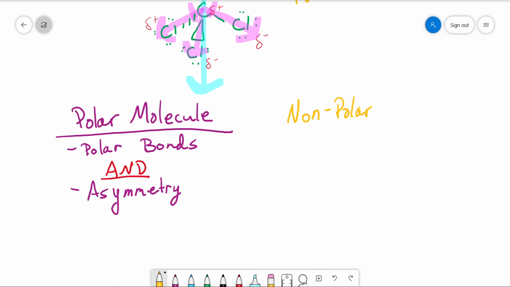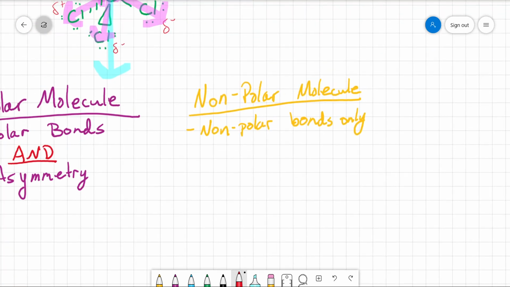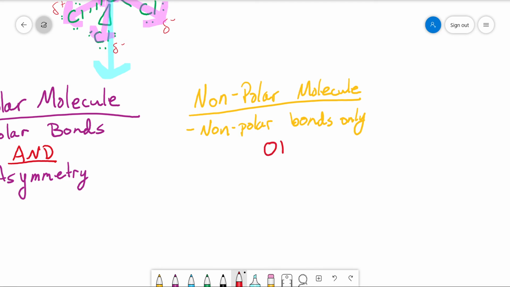So for a non-polar molecule, you can either have only non-polar bonds, or you can have perfect symmetry, a symmetrical molecule.